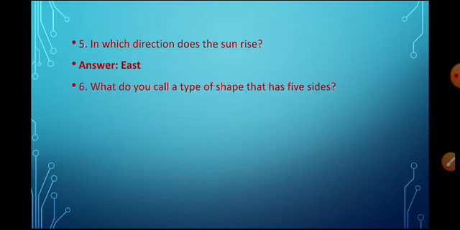Now the next question is, what do you call a shape that has 5 sides? Suppose you have a picture, you have a shape, and in this shape you are seeing 5 sides. So what will you say? That is a pentagon.